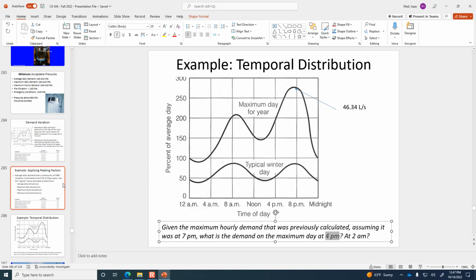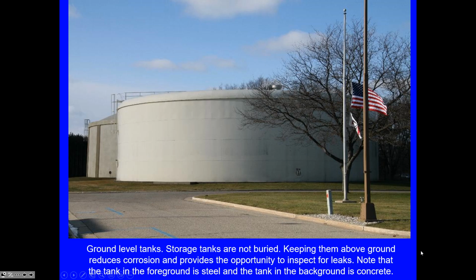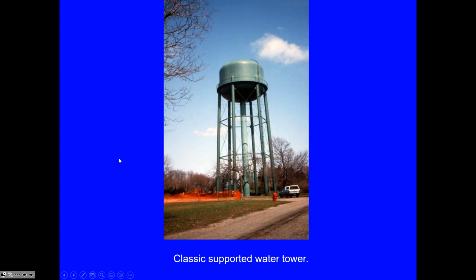All right, real quick, let's take a look at some different storage tank examples. Here is a storage tank that's above ground, but we don't have any way to inspect the underside of the tank. So there could be a small leak from the underside, and it wouldn't be immediately visible in the same way that it is for an elevated tank.